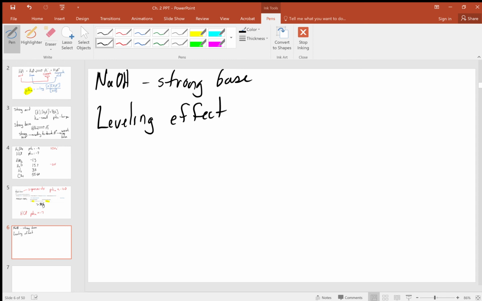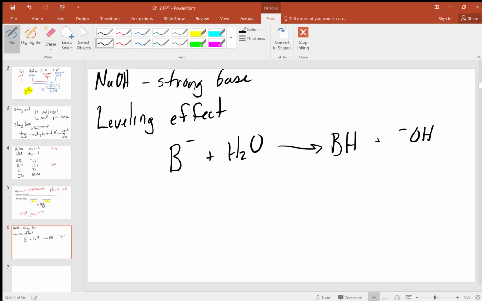The leveling effect basically says that if we have a base that's stronger than water, and we add it to water, that strong base will just react, get protonated, and form hydroxide. So under aqueous conditions, we don't really get anything stronger than hydroxide, because anything stronger than hydroxide just reacts with water.